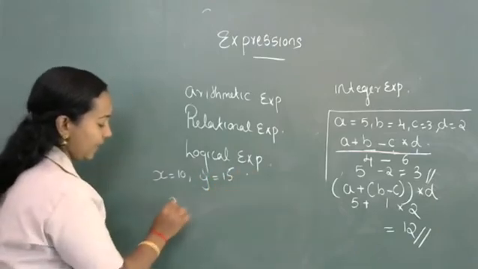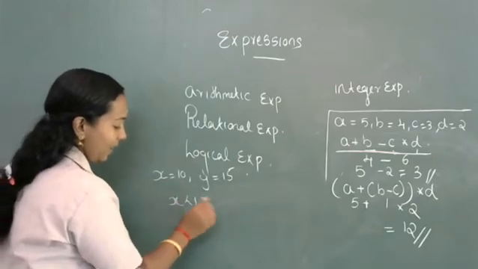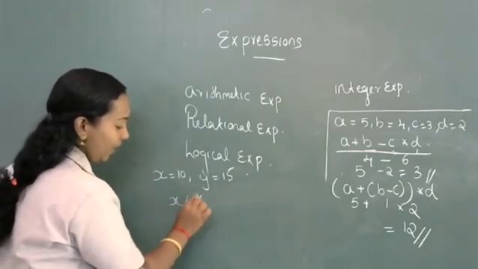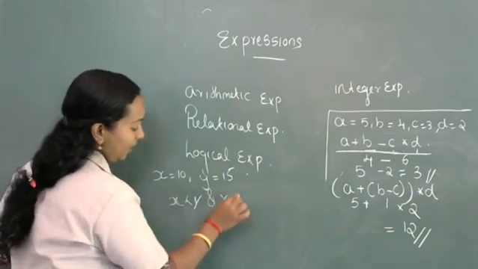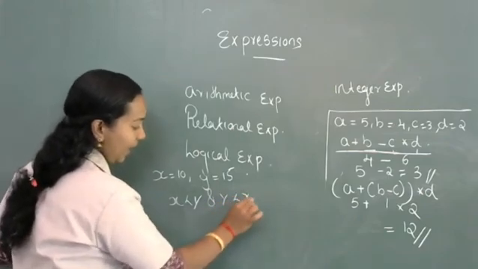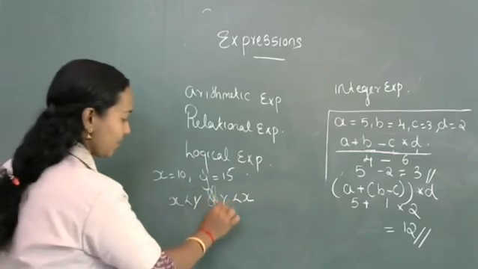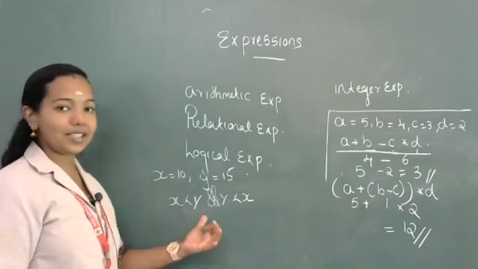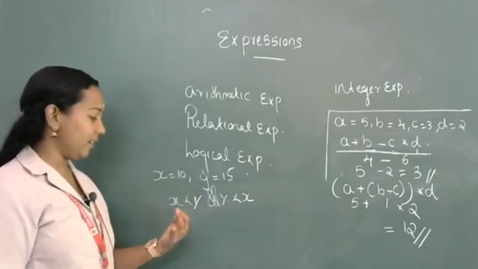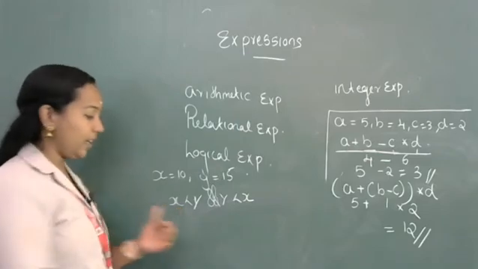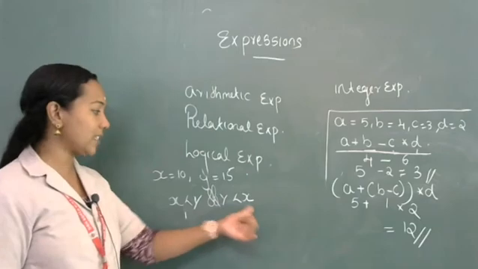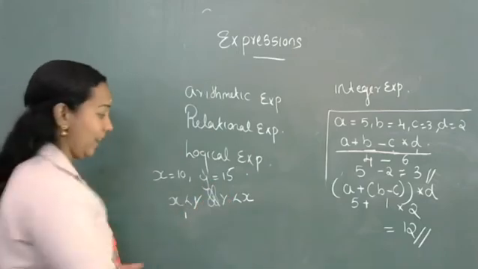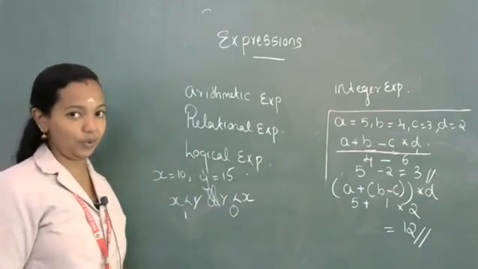Then we can write x less than y and y less than x, with double ampersand. X less than y, 10 less than 15, condition true, so the answer will be 1. Then y less than x, y is greater than x, so the answer will be 0.